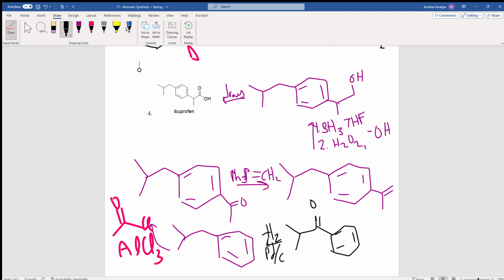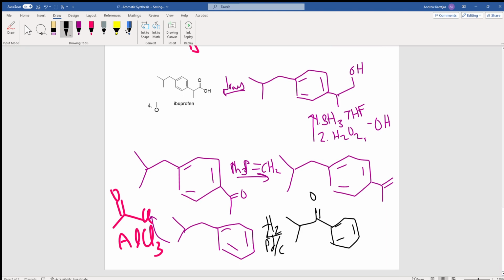And finally, one last step will get us there. Ran out of room here, so you can just imagine we've got benzene, and then we would just need the appropriate acid chloride to do another Friedel-Crafts acylation.